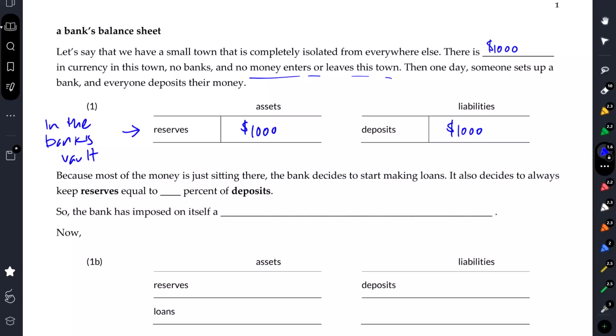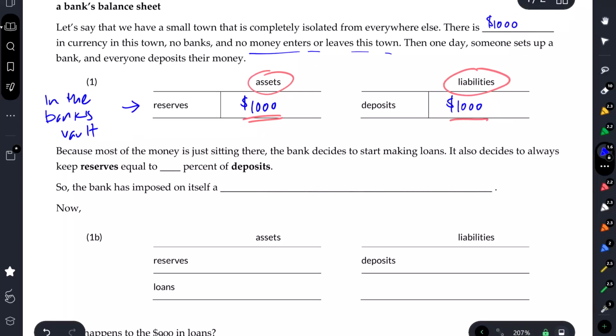Now notice that over here we're counting deposits as liabilities. That is, deposits are what are owed to depositors, $1,000. Assets, and this is the same $1,000, however, when we look at it in this column here, it's something of value held by the bank.